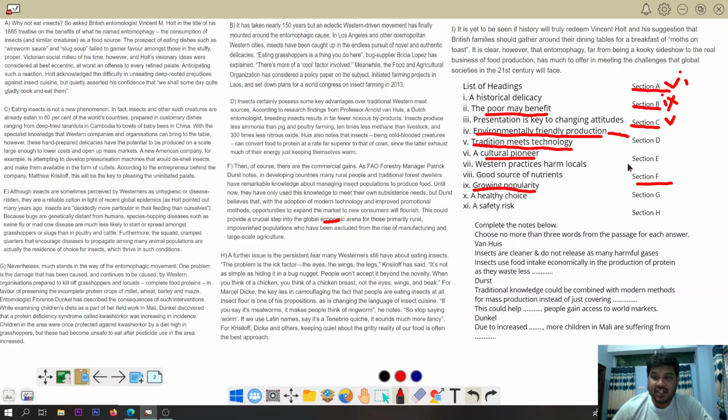So we have section E, section G, and section H. So basically it's this paragraph, and this paragraph. I want you to try to identify which of these headings you think matches the most, and let's come back once you're finished.